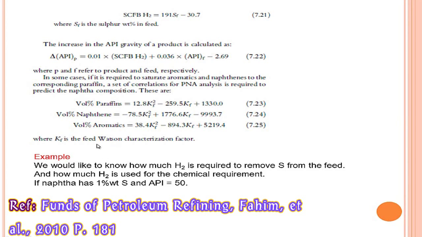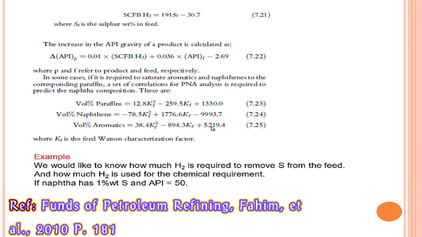The K value is the UOP Watson characterization factor. From this, when we plug into the equation, we can tell roughly how much paraffin, naphthene, and aromatic in terms of volume percent will be present in the products.